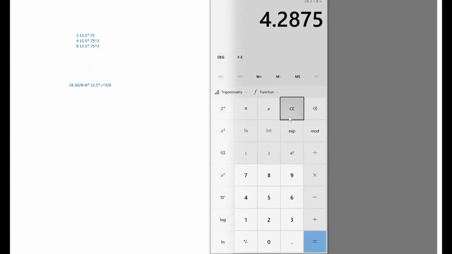We have 34.30 divided by 8 becomes 4.2875 and equals 12.5 multiplied by R power 3.